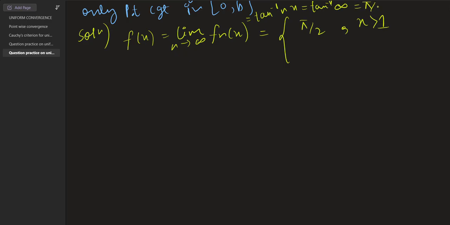So this is always pi/2 for x greater than 0. And when x equals 0, this implies tan inverse of 0, which is 0 only.